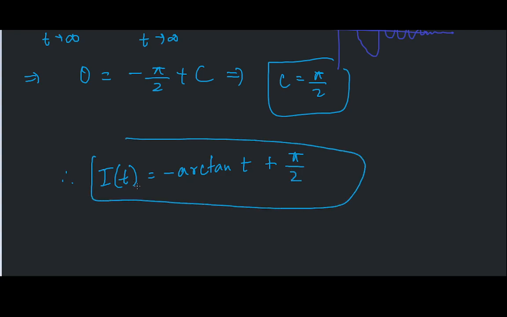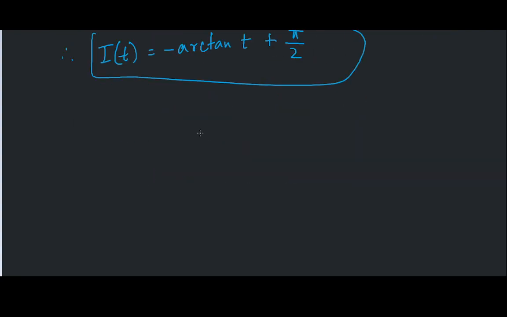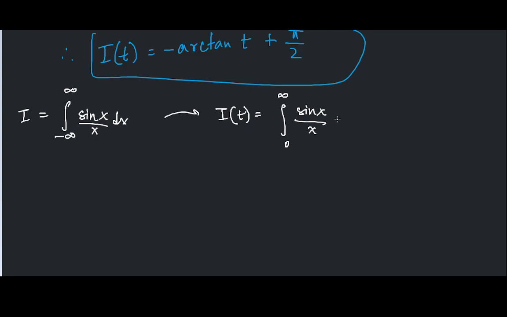How cool is that? But recall that our desired integral I was the integral from negative infinity to infinity of sin x over x dx, and we modified it to make I of t equal to the integral from 0 to infinity of sin x over x e to the power negative tx dx.